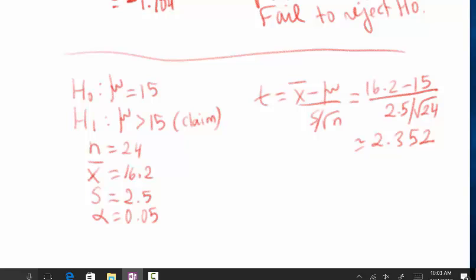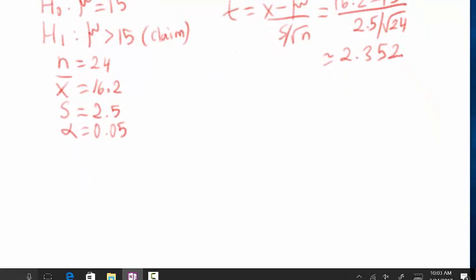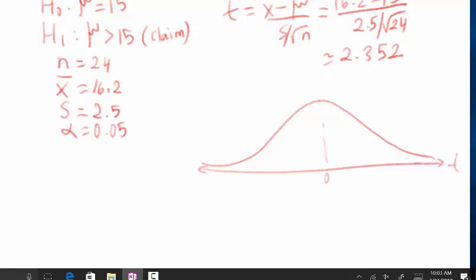Let me show you what the p-value is here. Let's do the curve. So I'm going to put the t, this is 0 here, this is the t line, and the 2.352, you agree it's going to be to the right of 0. Okay, now I'm going to shade to the right of this one. Why am I shading to the right? Because I have a right tail test.